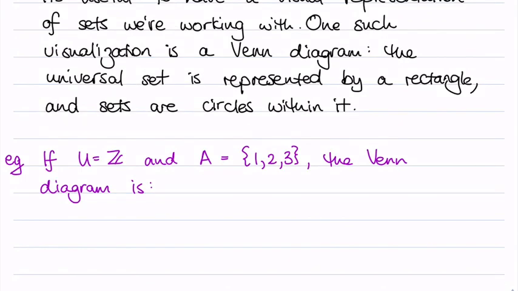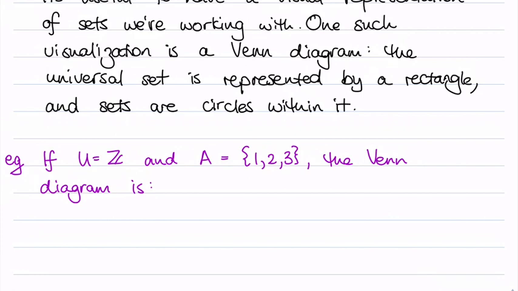A useful thing when we're thinking about sets, particularly when we have more than one set, is to have a visual representation. One way of visualizing is using a Venn diagram, which I'm sure you saw while you were still in school. In the Venn diagram, our universal set is represented by a rectangle, and any subsets are circles within it.